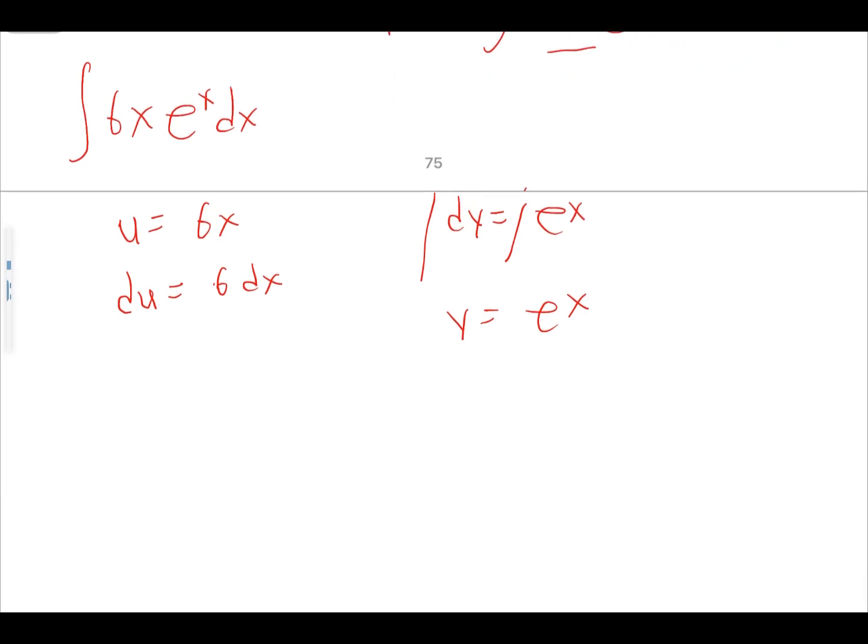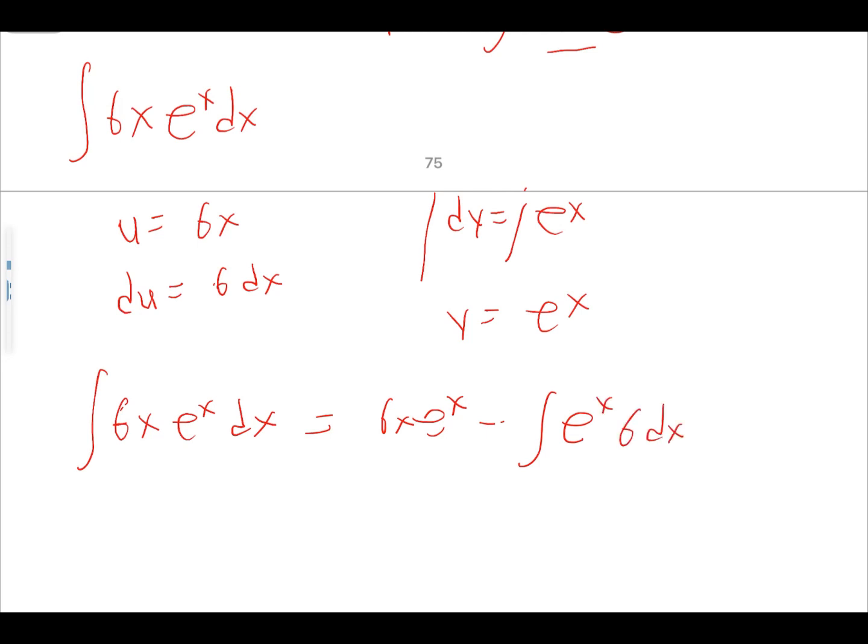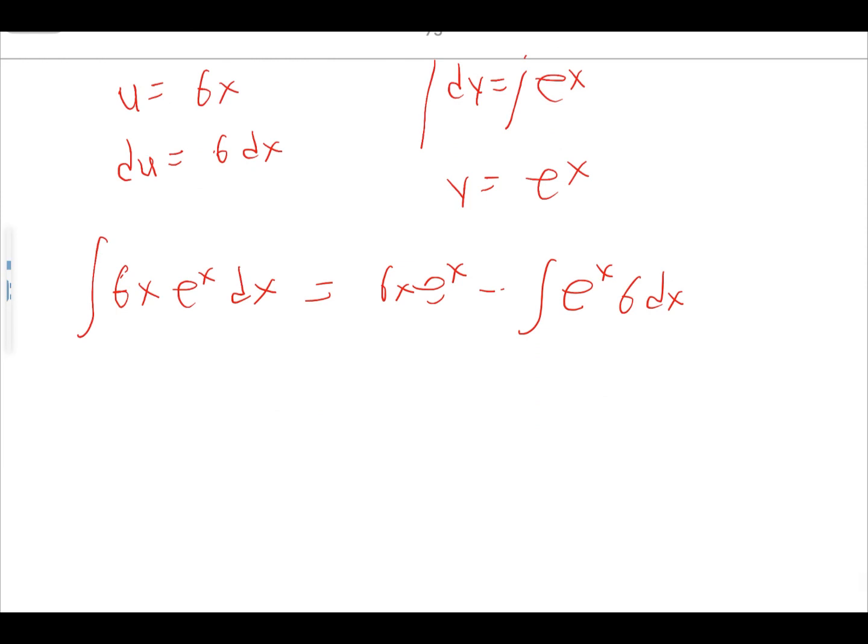And in doing so, you can place them back into the formula, and we are going to get the integral of 6x e^x dx equal to 6x e^x minus the integral of e^x multiplied by 6 dx.